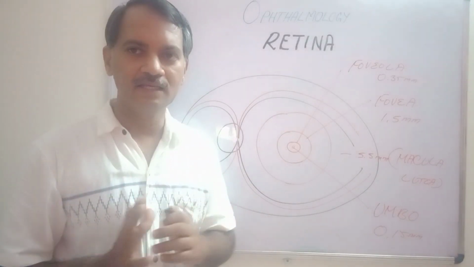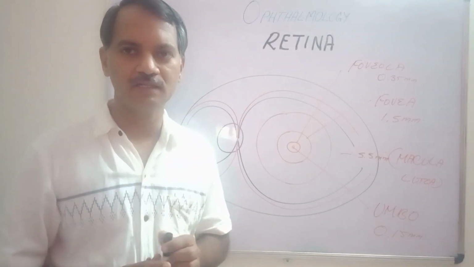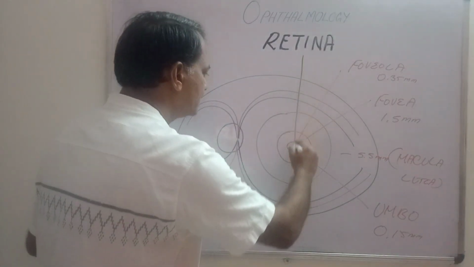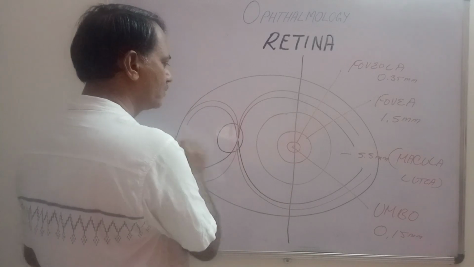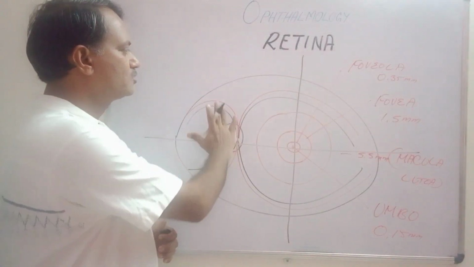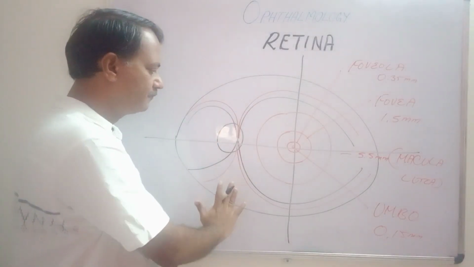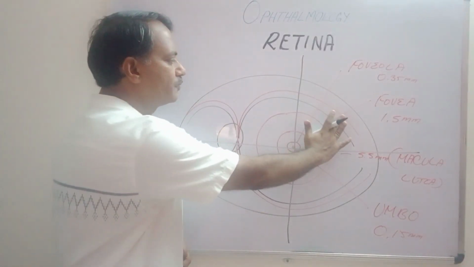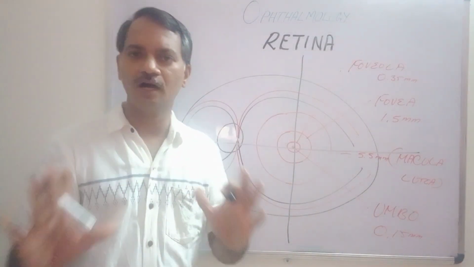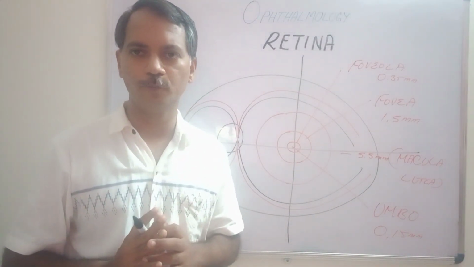The retina is divided into 4 portions by drawing a line passing through the center of the macula. So this is the center portion. This is the supranasal retina. This is the infranasal retina. This is the supratemporal retina and this is the infratemporal retina. This is how we divide the retina into 4 portions.